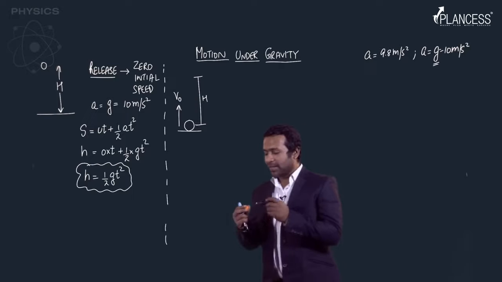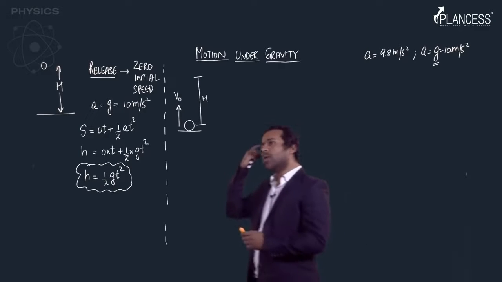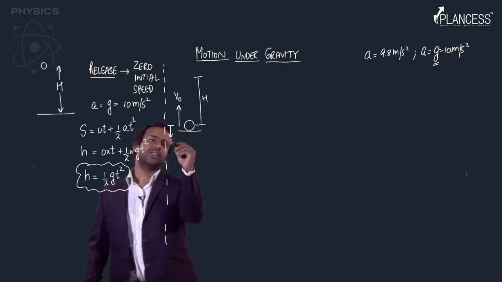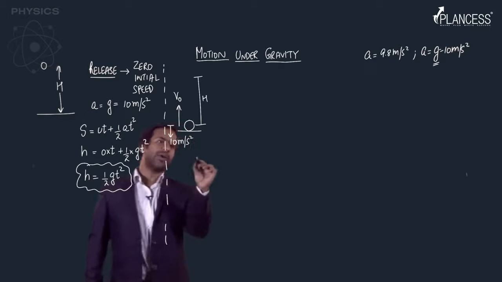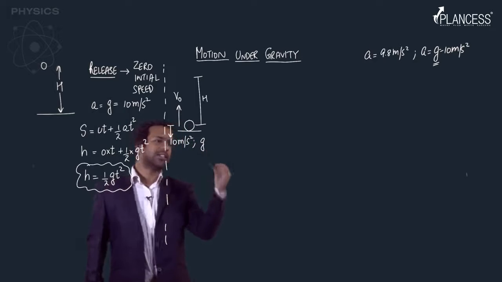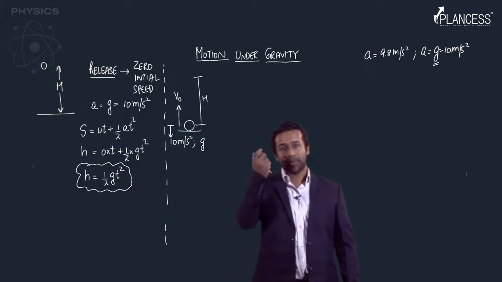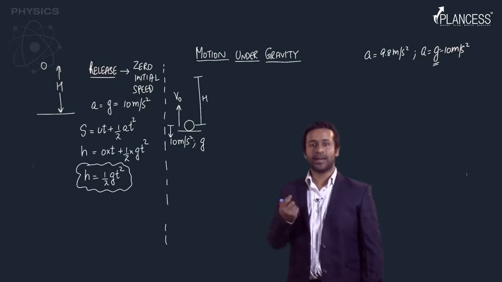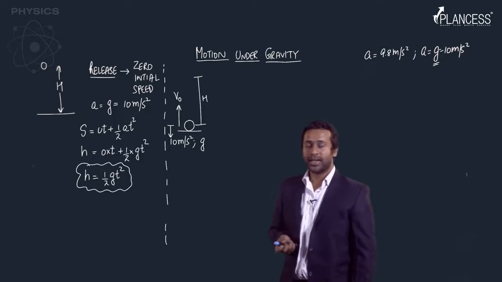Now let's start by thinking why there will be some maximum height. You know that this particle has a constant acceleration which is downwards, having magnitude 10 meters per second square. So we are going to use the general symbol g, right? So the particle has an initial speed upwards, the acceleration is downwards. So after some point, its speed is going to reduce to 0, right?